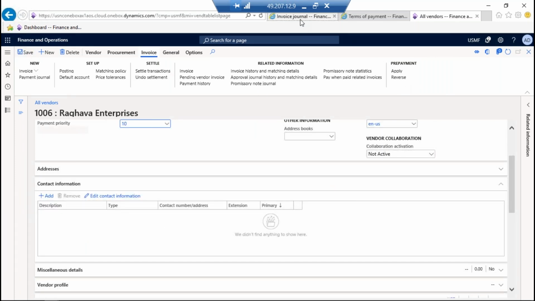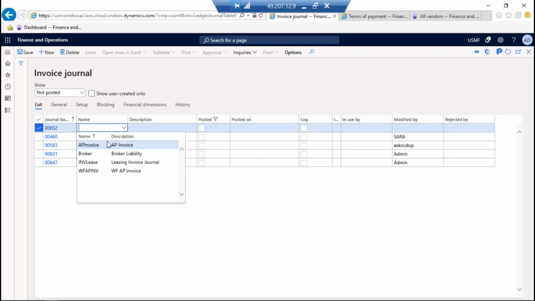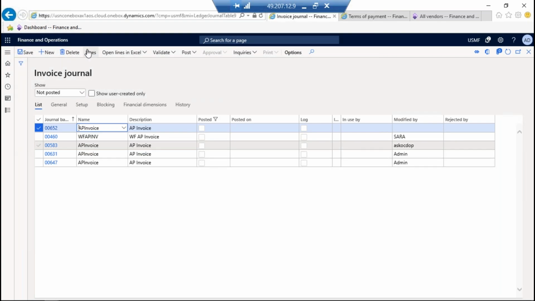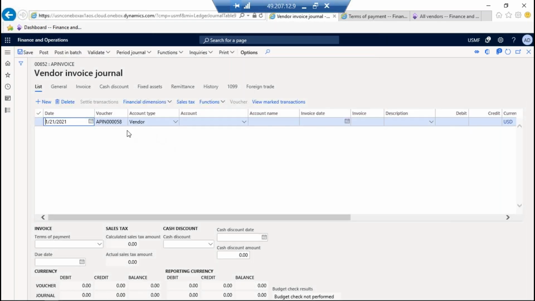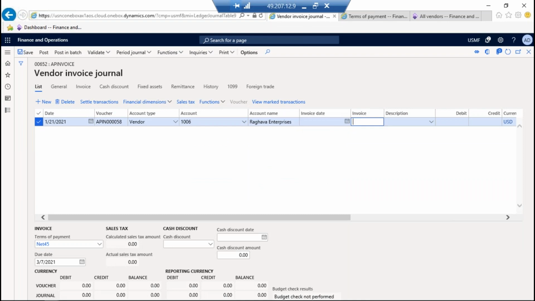Now I will create one journal. Click new invoice journal. I'm doing an invoice journal, AP invoice. Go to lines. Today it is 21st of January. I am selecting vendor 1006. I am doing an invoice.